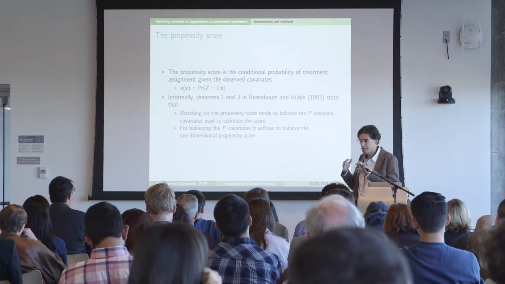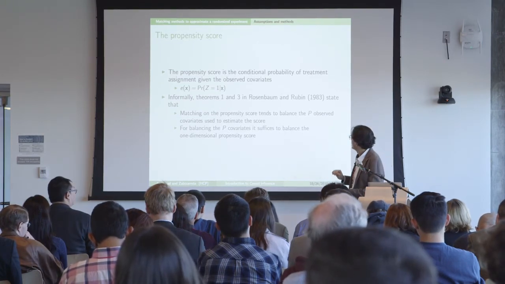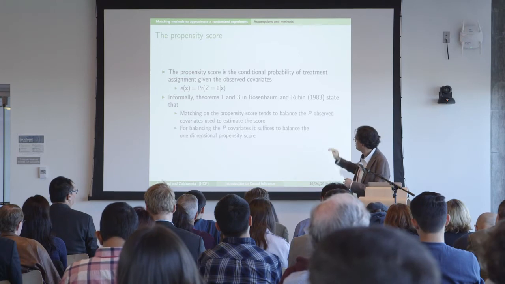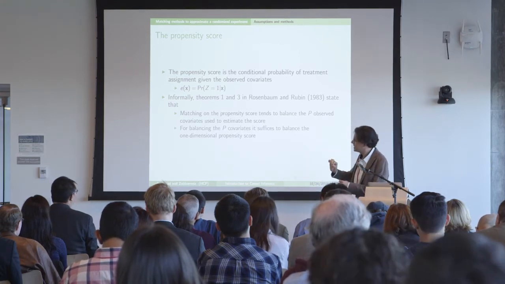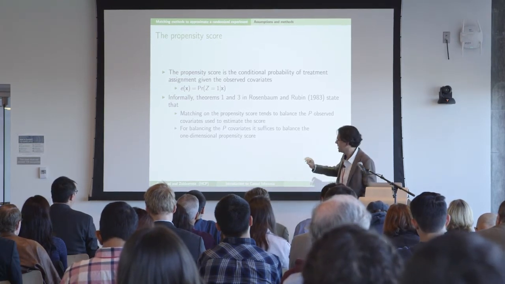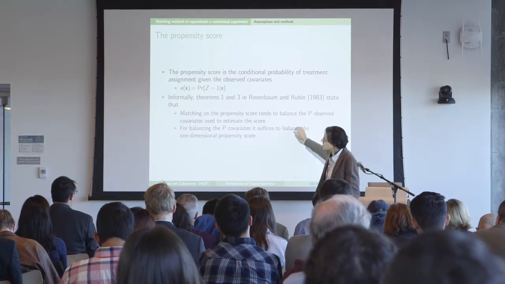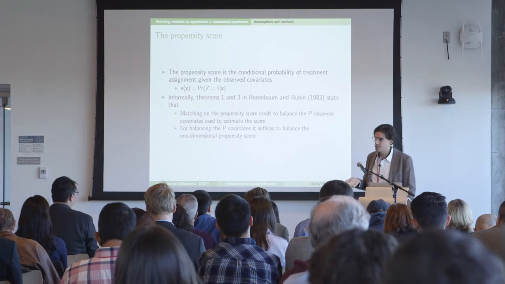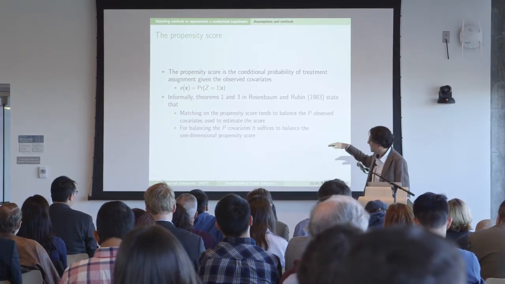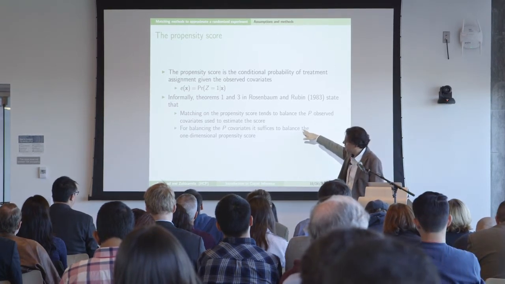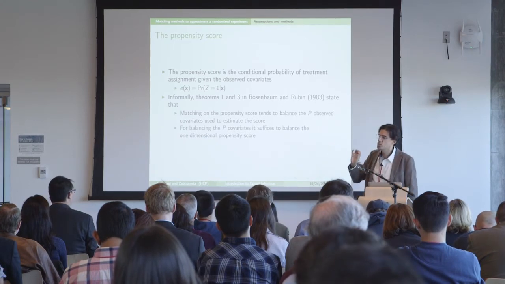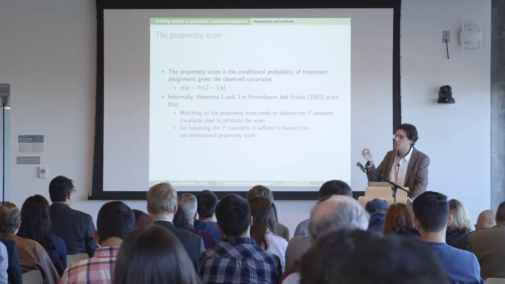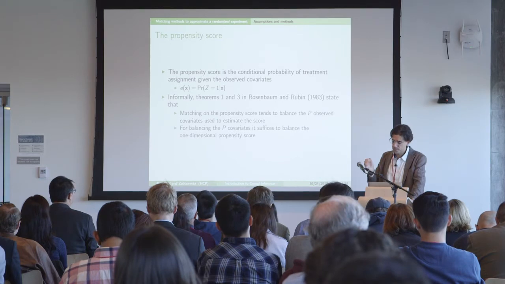So it's a very practical tool, I would say, especially then, now less, but conceptually it's very, very important. And the other property of the propensity score is that it's the coarsest summary of the data. To balance the P covariates, it suffices to work with this one-dimensional score. Okay?